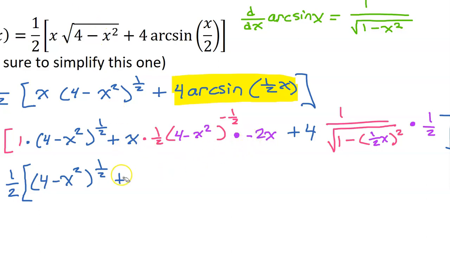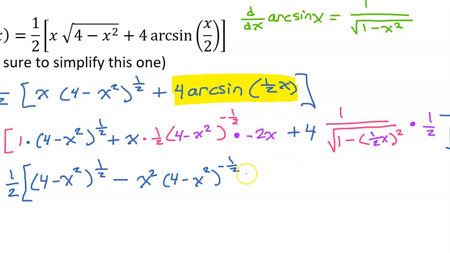So I'm going to erase this plus sign and put a negative sign instead. Okay, so the 1/2 and the 2 are gone. I still have an x times x, so that's going to be x squared. And then that's it except for the 4 minus x squared to the negative 1/2 power. So that's as much as we can simplify the middle term.